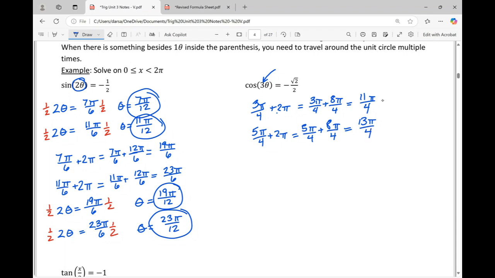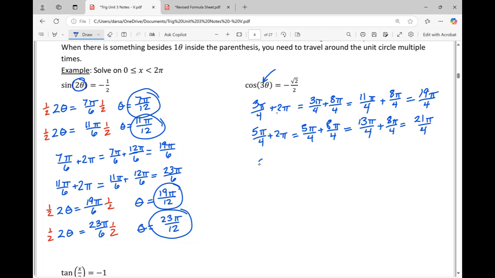We need to add one more unit circle because we have the number 3 here. So we add another 2 pi, which is 8 pi over 4, and that gives us 19 pi over 4. And add another 2 pi to the other one, and that gives us 21 pi over 4.